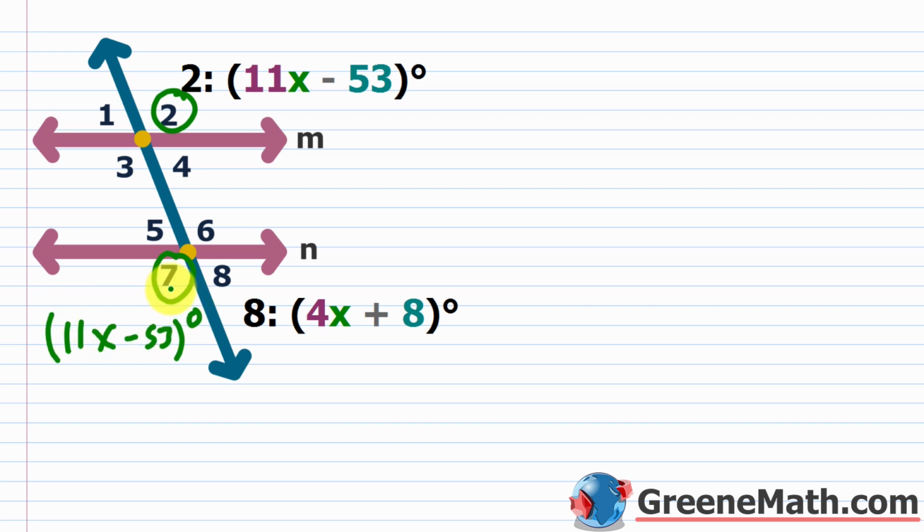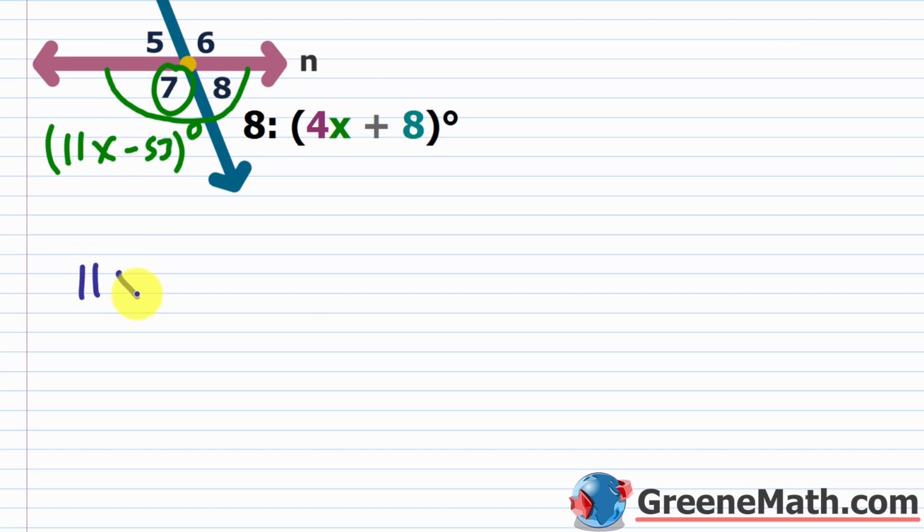We know that angles 7 and 8 together form a straight angle, or an angle that's 180 degrees. In other words, angles 7 and 8 are supplementary angles. So I can add 11x minus 53 plus 4x plus 8 and set this equal to 180 degrees.